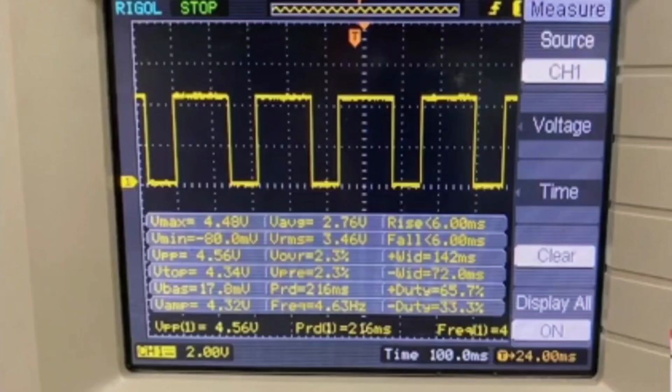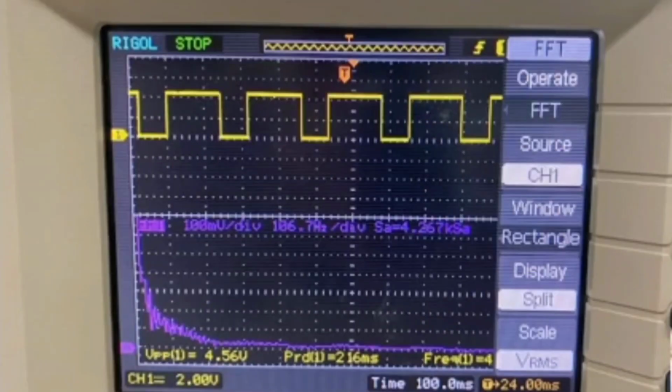And this was the result in the derivation of the unipolar rectangular waveform, which also shows some of the important values, such as maximum and minimum voltage, the duty cycle, the RMS value, and other important values such as frequency. Next, this shows the FFT of the waveform. So these are the values.